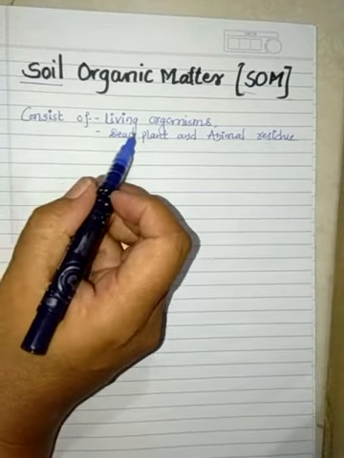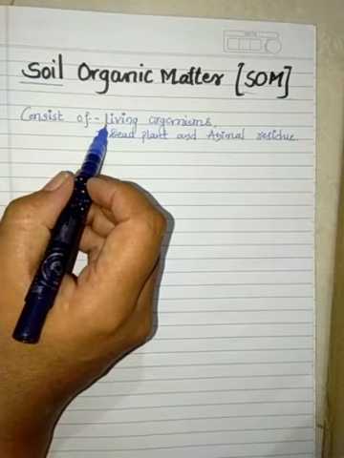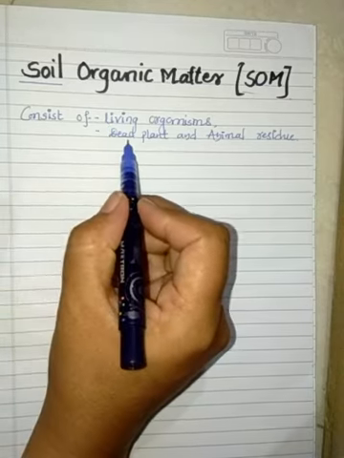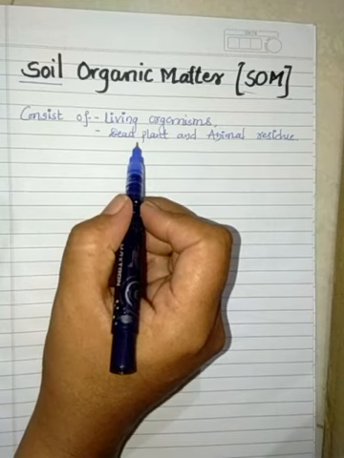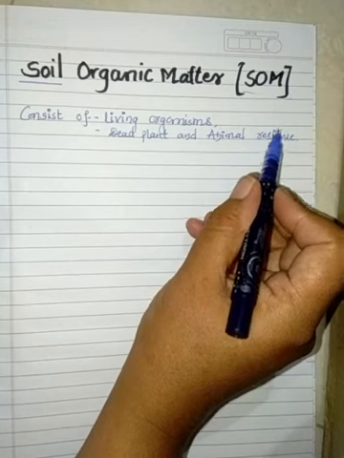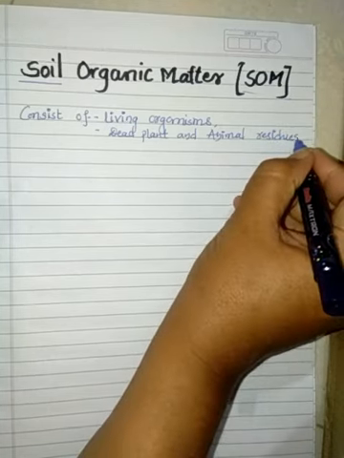So it consists of what? Living organisms. What does it mean? The leaves of the plant, or fruit, ripened fruit may sometimes fall on the soil itself. They can be decomposed. And again dead plant, sometimes plants also become dead itself. And again animals also die and they will decompose. That is dead plant and animal residues.